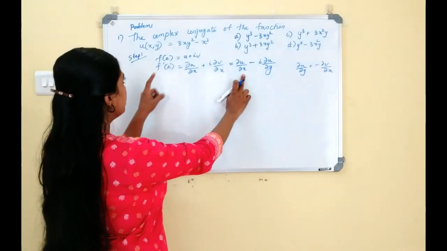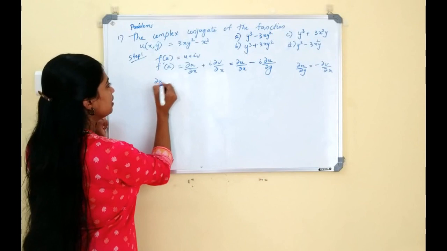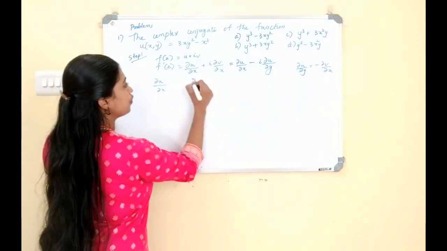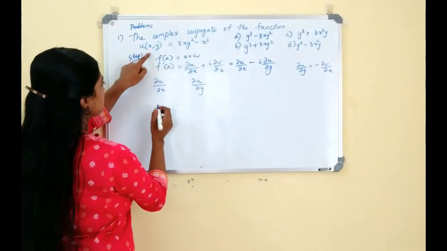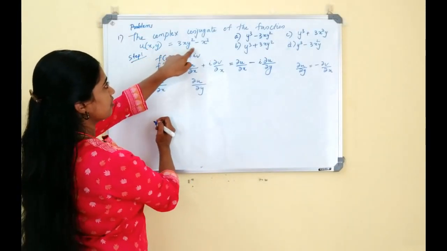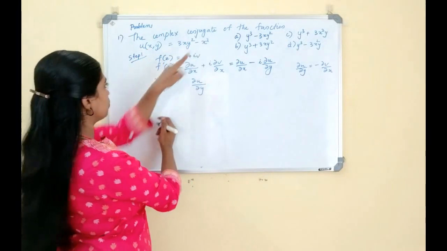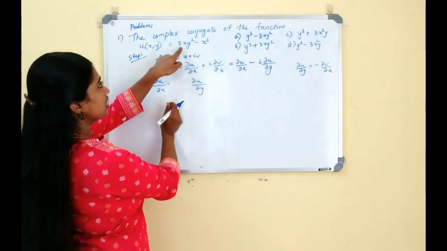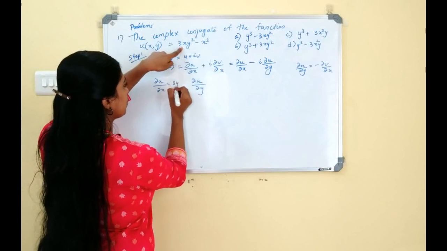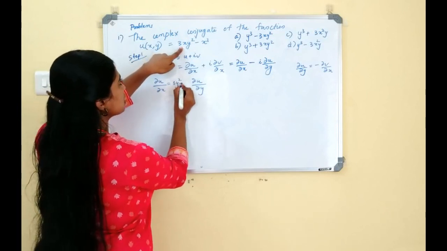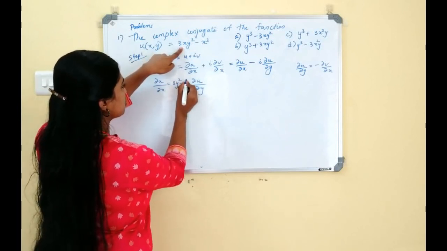Now we have to find dou u by dou x and dou u by dou y and substitute in this equation. u is 3xy square minus x cube. So dou u by dou x, differentiating this with respect to x, is 3y square minus 3x square.